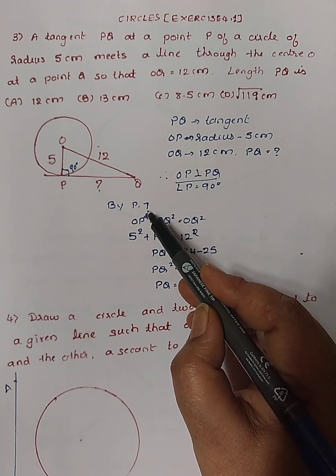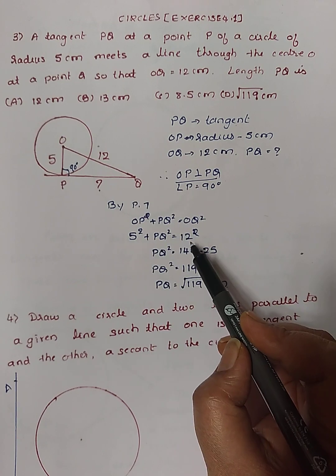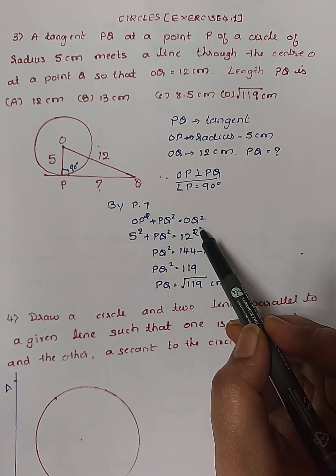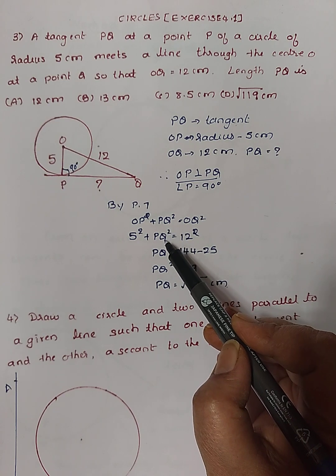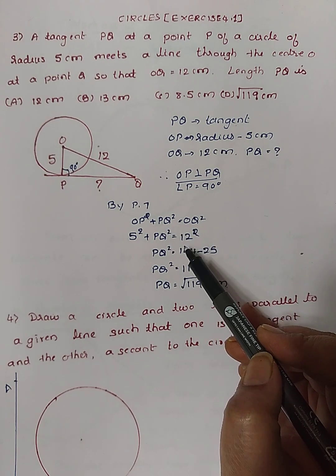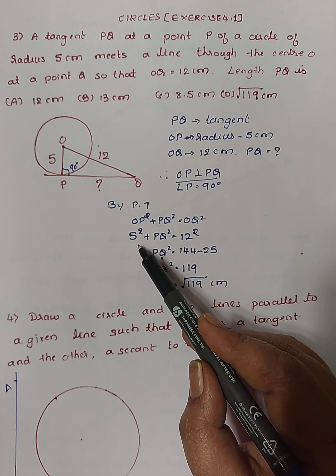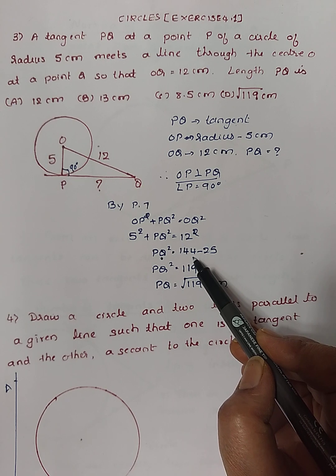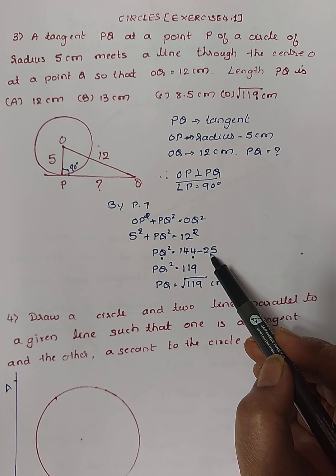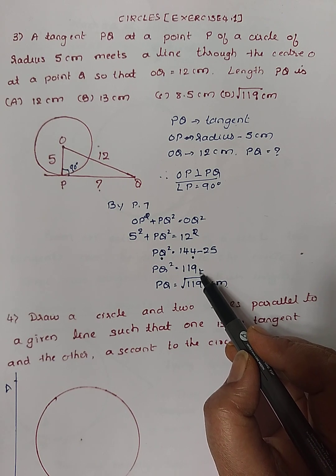So by Pythagoras theorem, OP square plus PQ square equals OQ square. Substitute the values: OP is 5, PQ we have to find out, OQ is 12. That is, PQ square equals 12 square minus 5 square, transferring 5 square to the RHS. 12 square is 144, 5 square is 25. 144 minus 25 is 119.